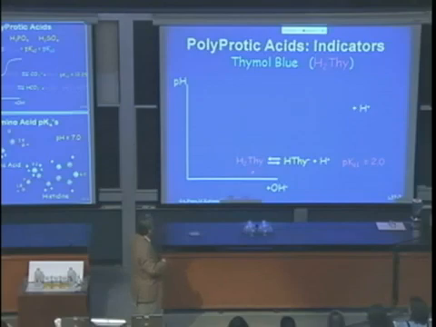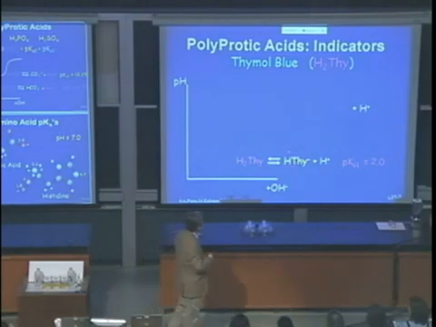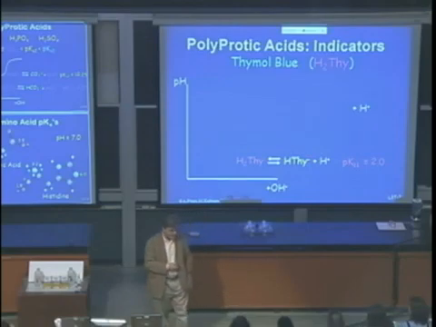Do I have this form more or this form more? This form, of course. pH 3 is above the pKa. pH 3 says that I have mostly the right side, and at pH 4, everything is on the right side. Yeah?